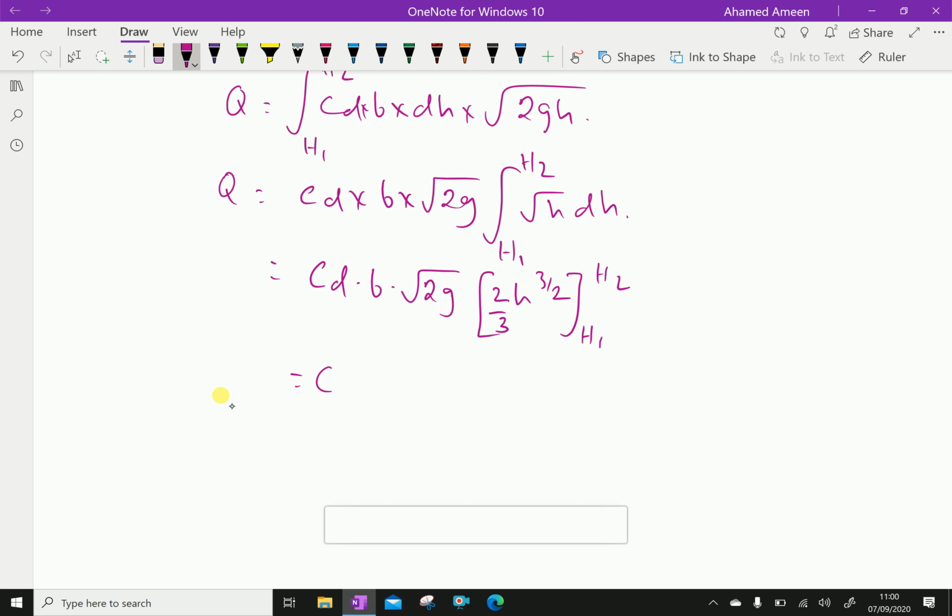Which is equal to CD b square root of 2g, with 2/3 out of the limits. Then we have the upper limit h2 to the power 3/2 minus h1 to the power 3/2. This is the total discharge through the whole orifice.